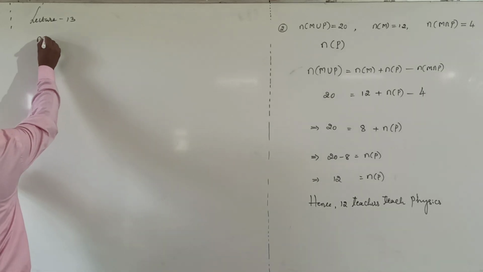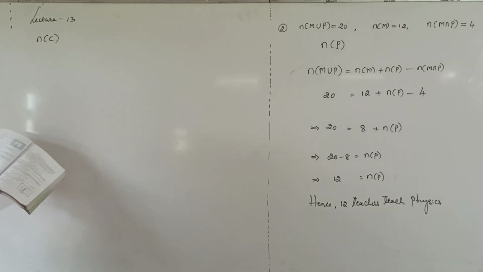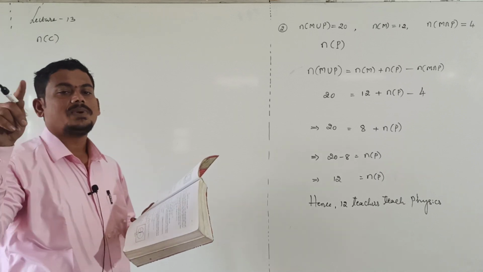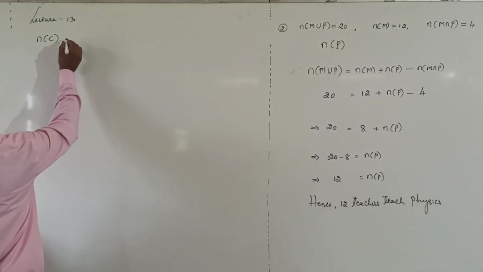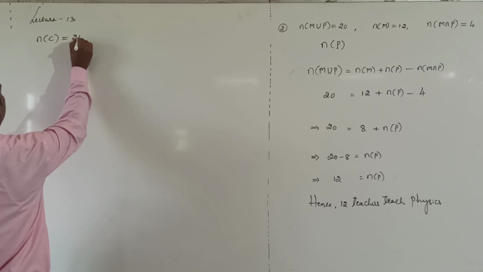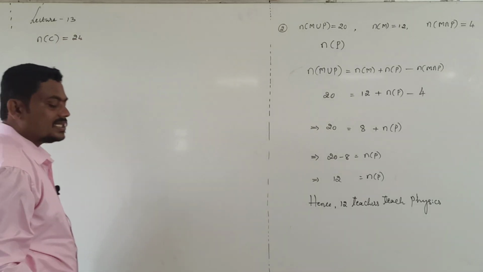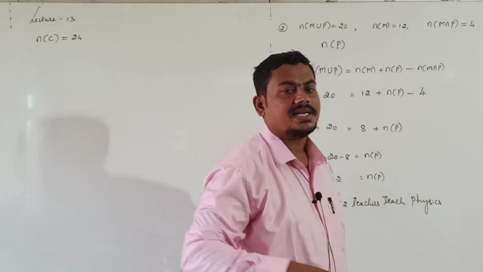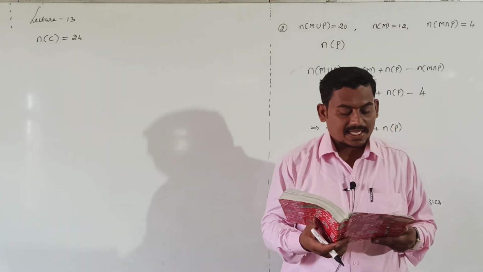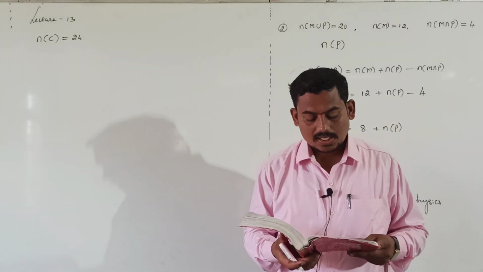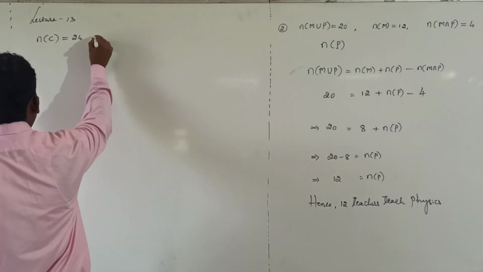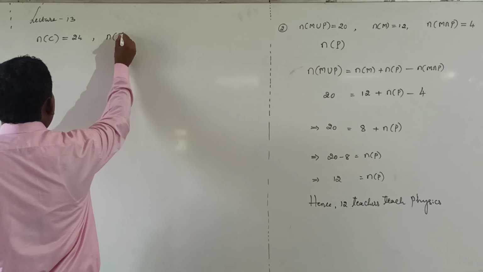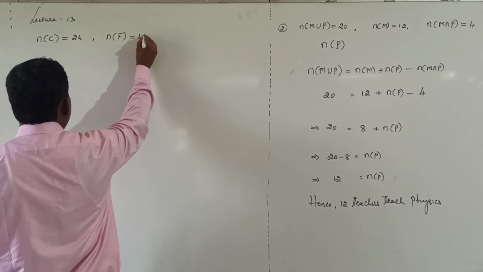I will denote the number of students who like to play cricket as n(C). n(C) stands for the number of students who like to play cricket. 16 like to play football. I will take n(F). n(F) is equal to 16.